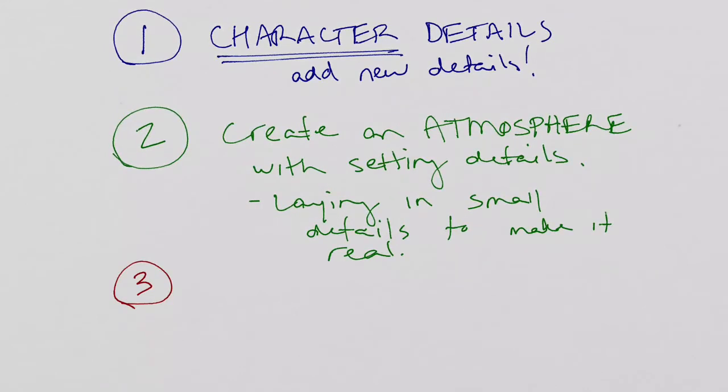My third tip has to do with the conflict, but what I'm going to focus on here is emotions related to that conflict. Okay? Emotions. People are emotional beings. You and me, we are emotional, much more so than non-human things. You know, my phone is a lot less emotional than a person. So when I write about a person, I need them to be happy. I need them to be sad.